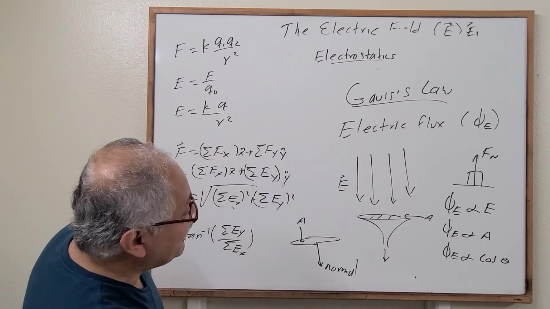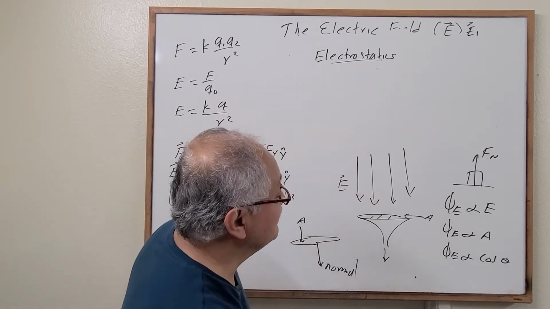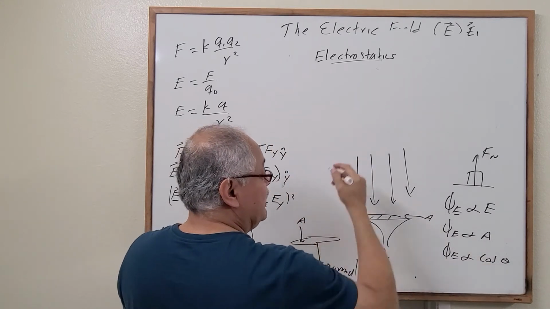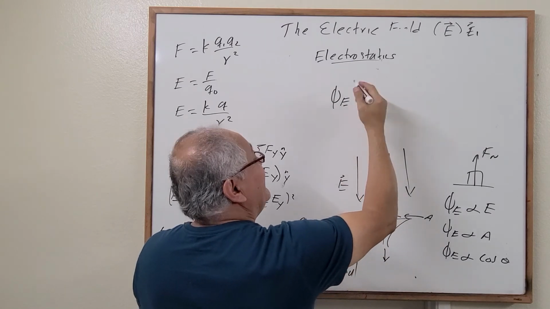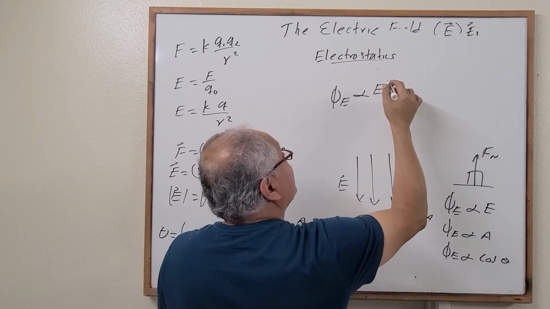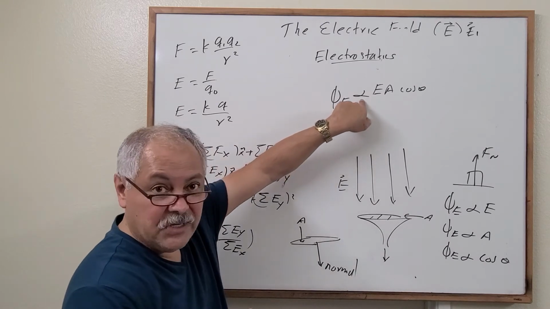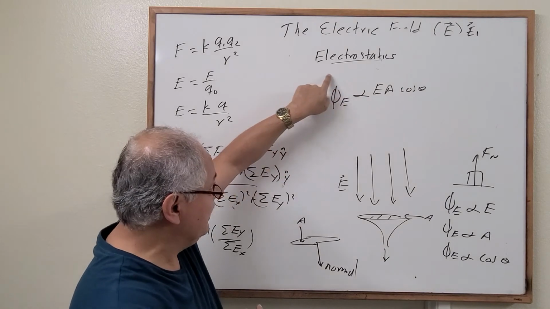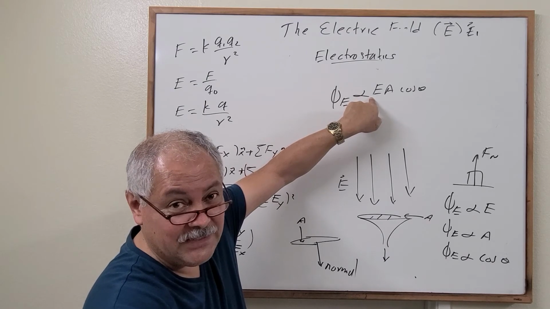Correct? Perfect. Now, let's combine all of these three quantities: these two quantities plus the cosine of the angle. And what do we have? We have that the electric flux is proportional to the electric field, area, cosine theta. Let's eliminate this proportionality symbol using a constant. It's found that the constant is 1, because we're making the units of this quantity the same as this unit. So K, the constant of proportionality, is 1.